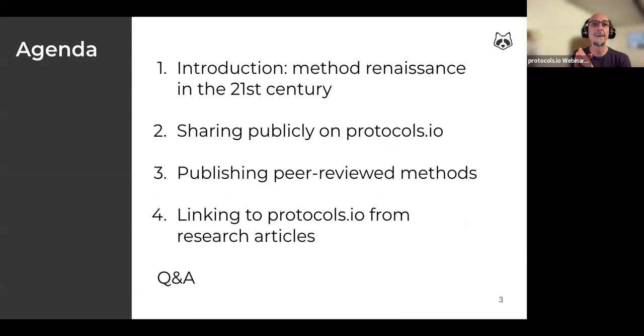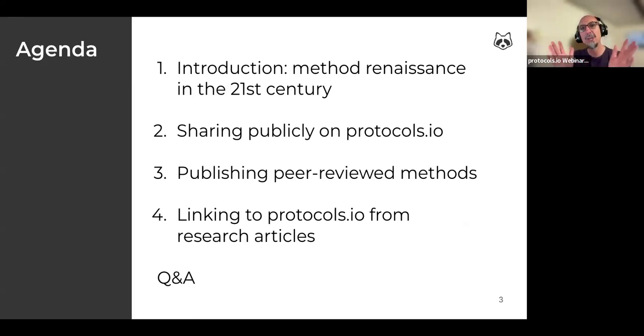Now, with the housekeeping out of the way, we can start with today's agenda, which you should be able to see on the screen. We will talk a little bit about the history of reporting methods and of method development and optimization, not getting the recognition as worthy of standalone publication and not getting the credit that it deserves.